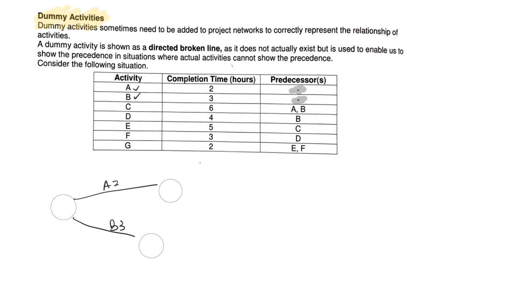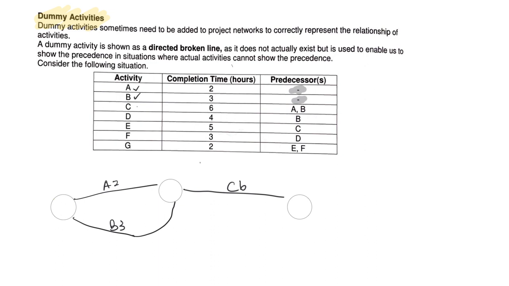Now C happens after A and B have occurred. So then I can have C here. And C is 6. Now normally what I would do is go right, move you out of the way and make B do this.